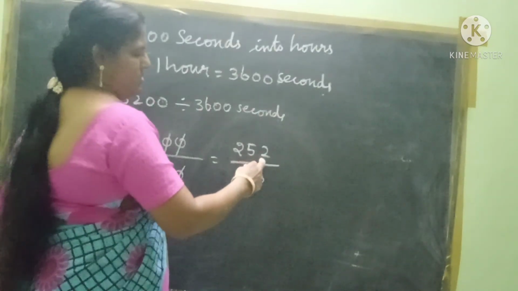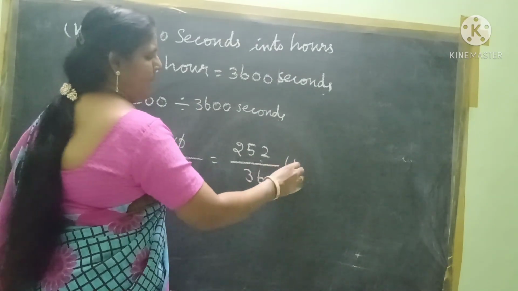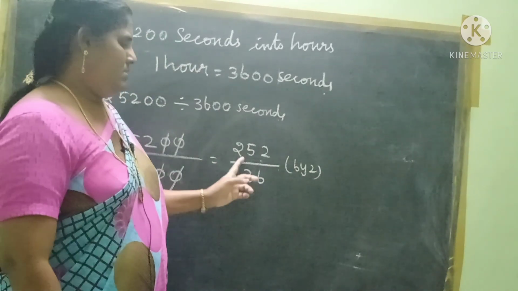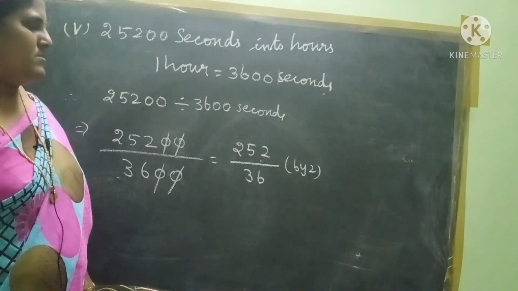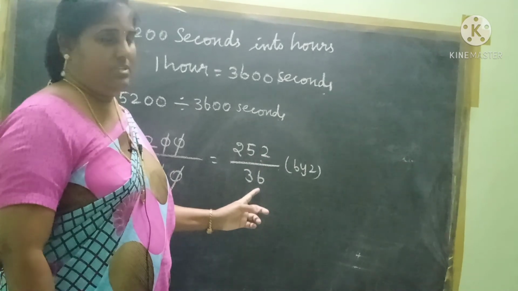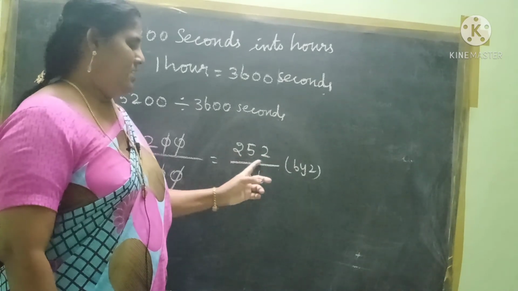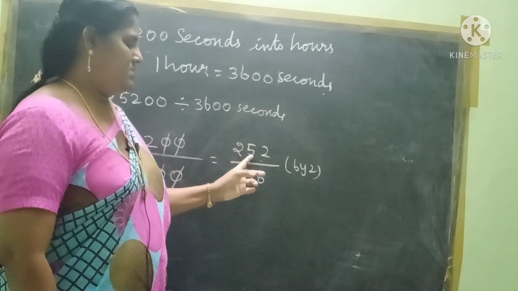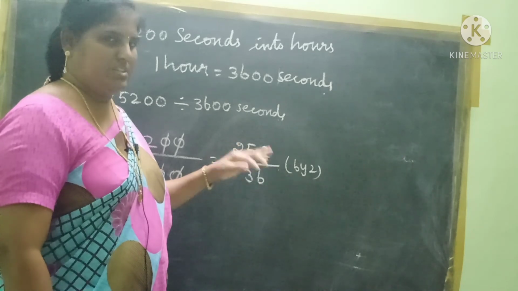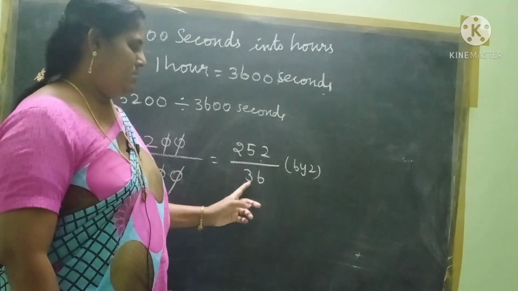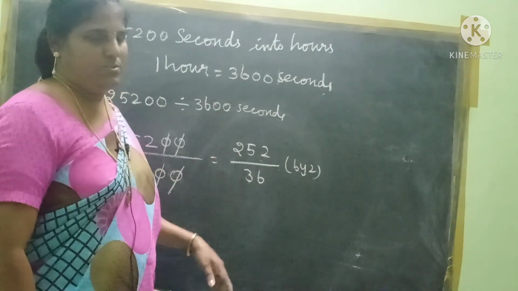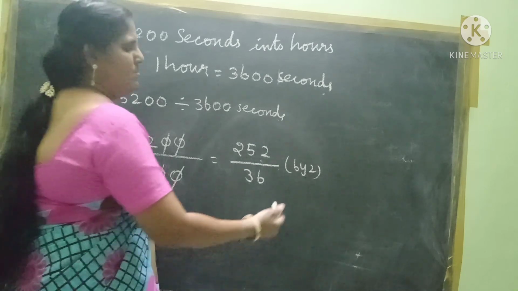Both numbers end with an even number, so you can divide by 2. If you add the digits, 2 plus 5 is 7, 7 plus 2 is 9. So 9 comes in the 3 table, and 36 also comes in the 3 table. So the same number comes in the 9 table also. So now I am going to divide by the 9 table.